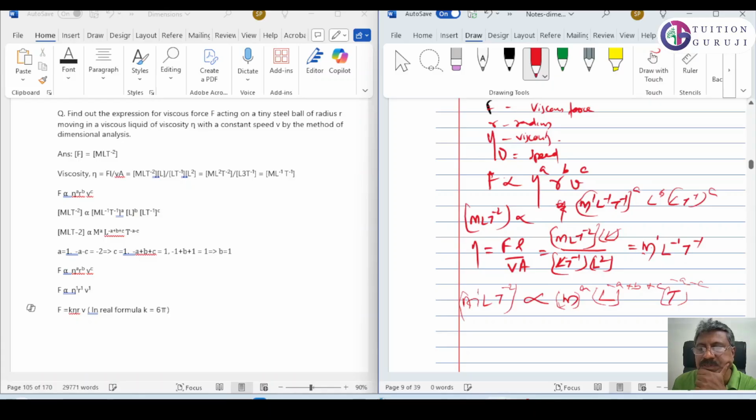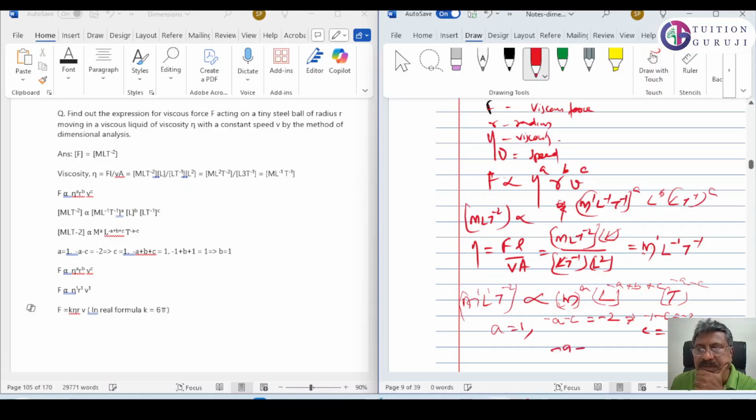Comparing with M L T raised to minus 2, M raised to 1, L raised to 1, so we get A is equal to 1. Then minus A minus C is equal to minus 2, which implies minus 1 minus C is equal to minus 2, so C is equal to plus 1.